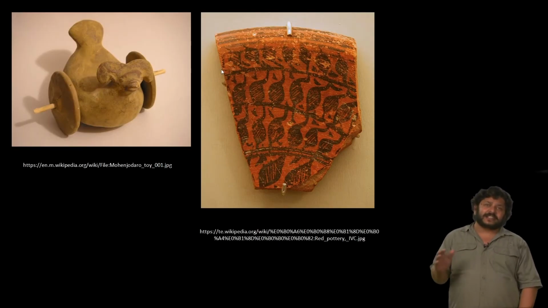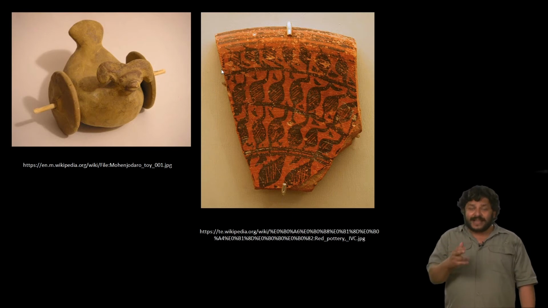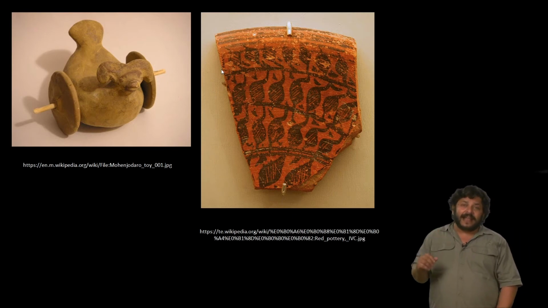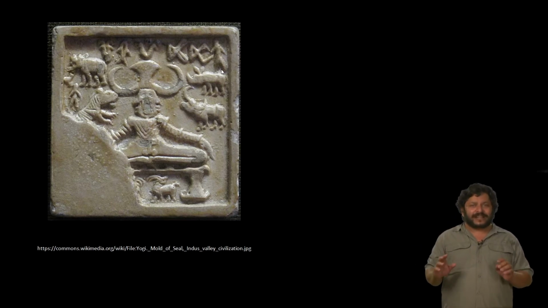Indus is characterized by a number of objects such as toys with wheels, as the one you see on your left, and what is called redware with this black slip. You also have a number of characteristic seals found in the Indus with what appear to be letters on top, but nobody has been able to successfully or satisfactorily decipher the script yet.